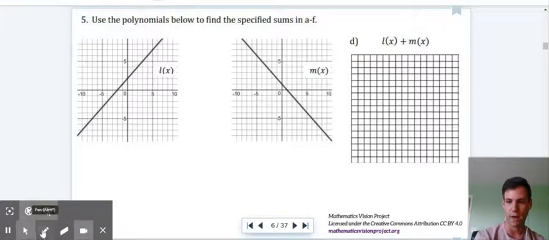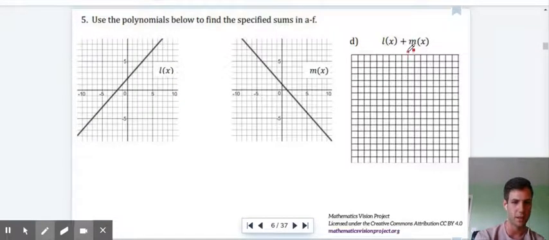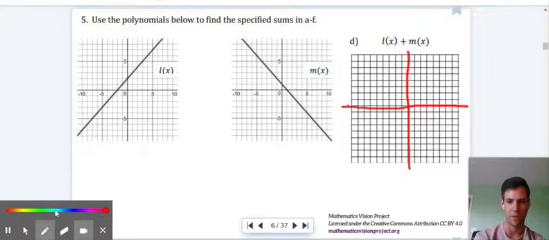So the first thing I might want to do is draw in a little xy axis on my graph here, just so I can know where I'm placing some points. So we'll do that first, and we'll change colors for plotting points.